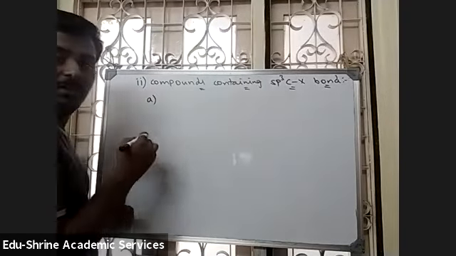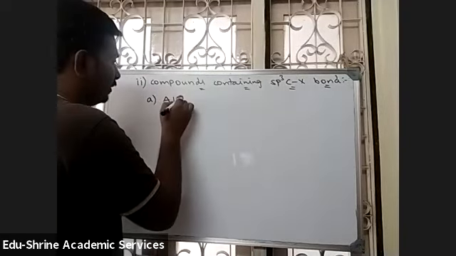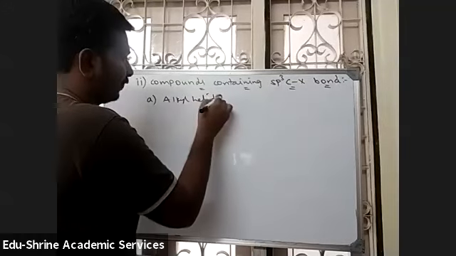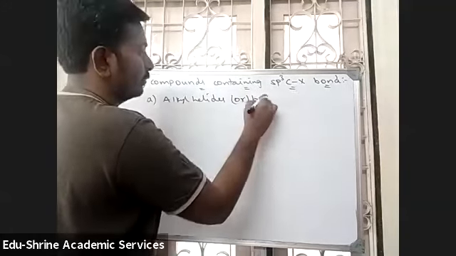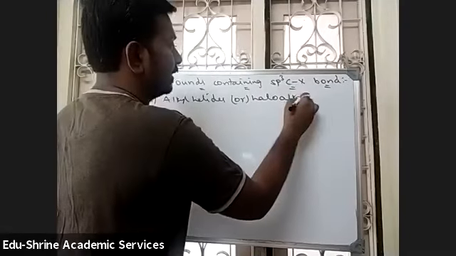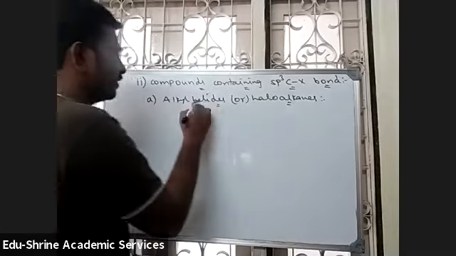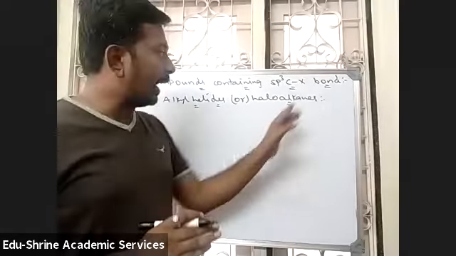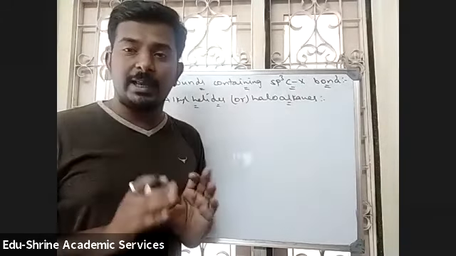The first type of compounds are called alkyl halides or simple haloalkanes. In these compounds, the halogen is directly bonded to an sp3 carbon atom.